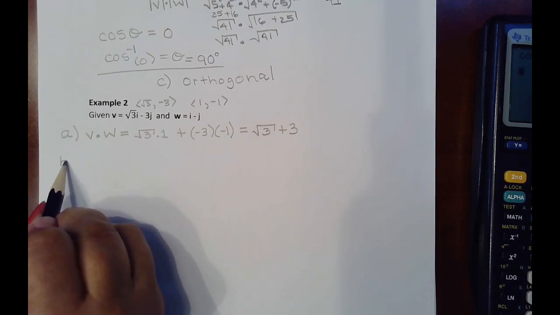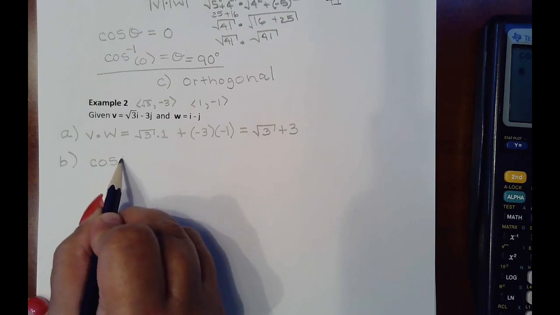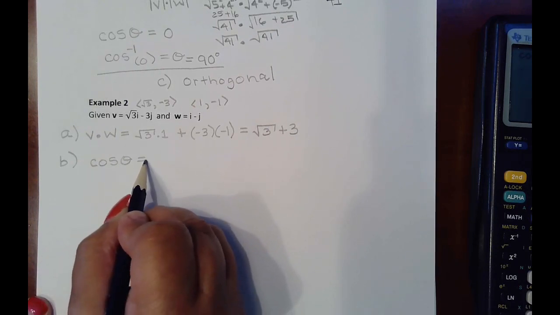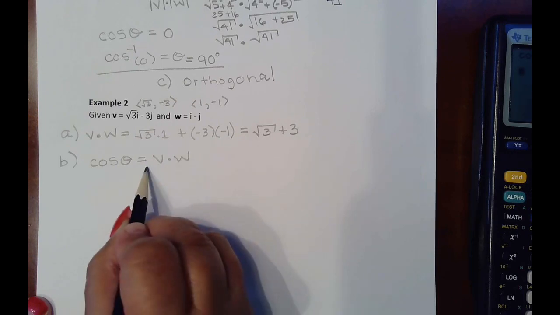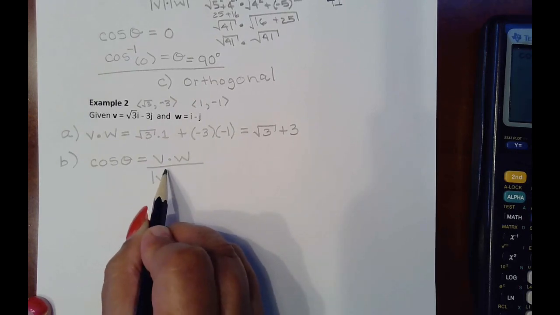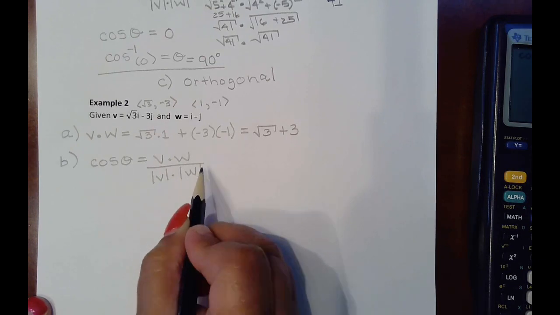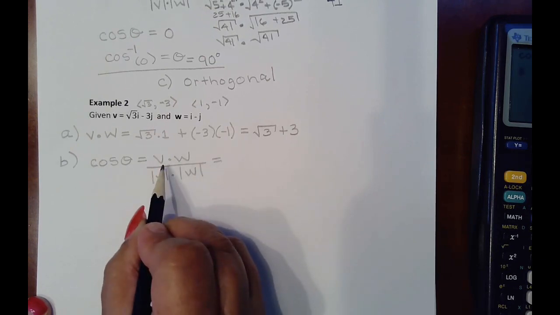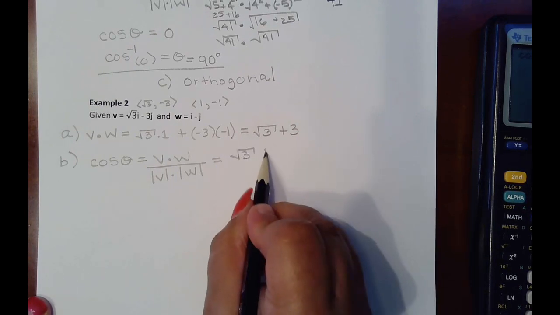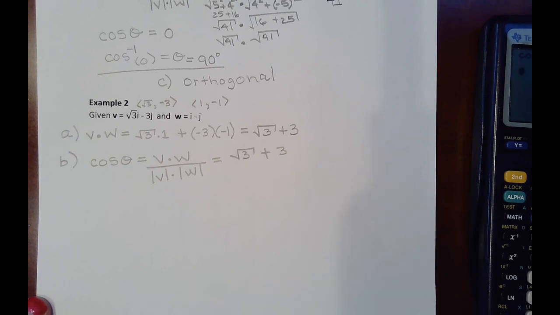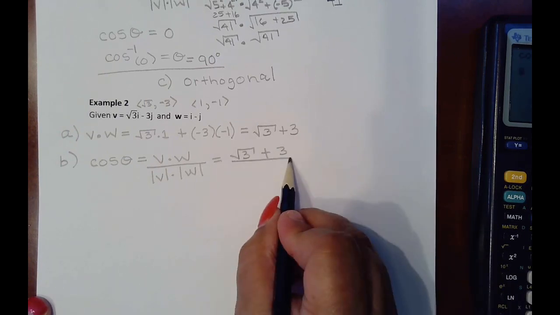Now as far as part B goes, find the angle between these vectors. That is a very specific formula. It is the dot product on the top, and the magnitudes, the length of each vector multiplied, on the bottom. That dot product, we already found. It was square root of 3 plus 3 at the top.